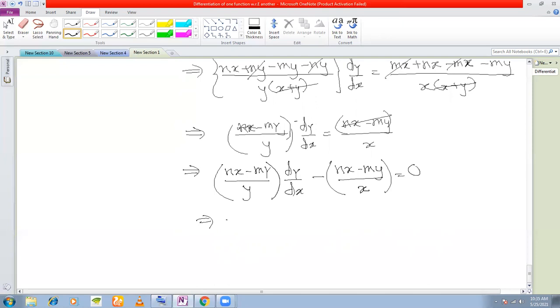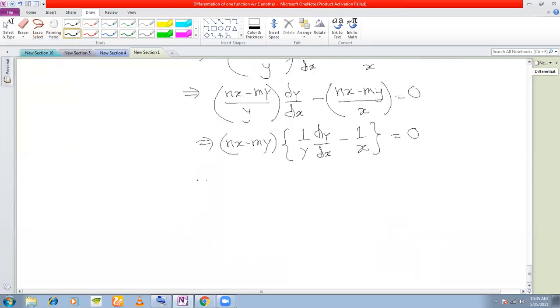Now from these two, you take nx minus my common. We get 1 by y dy dx minus 1 by x is equal to 0. That means either nx minus my is equal to 0, or 1 by y dy dx minus 1 by x is equal to 0.